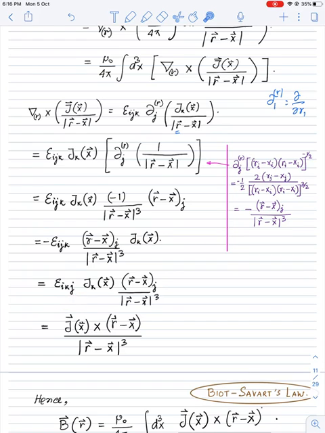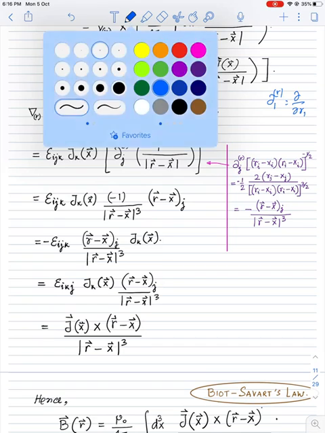So this is completely antisymmetric in all the indices. You can rearrange the indices in this way and eventually write this as j cross the unit vector along the r minus x hat direction, divided by the distance r minus x whole square.